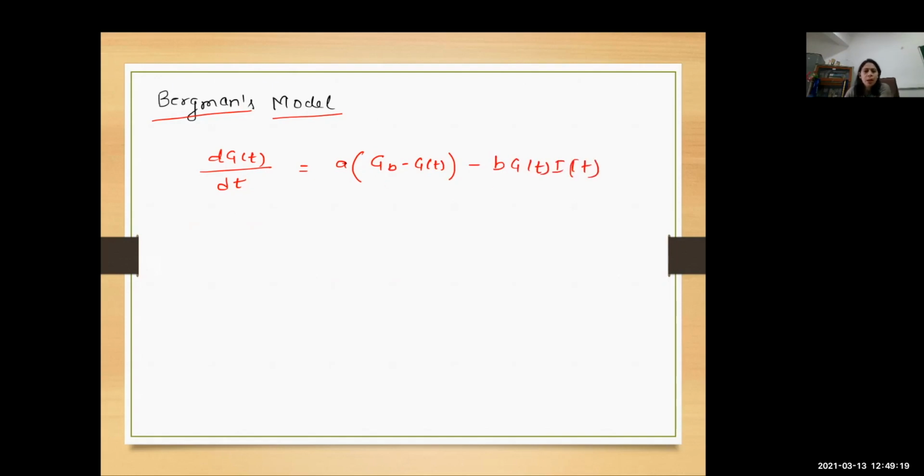There will be an increment in the level of glucose with this factor. But what is GB? GB is the basal glucose level. It is the glucose which is required to be present in our body at all times.